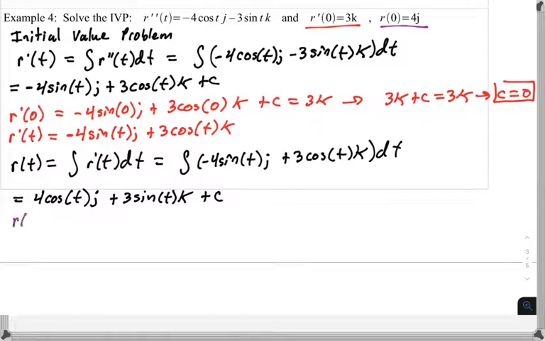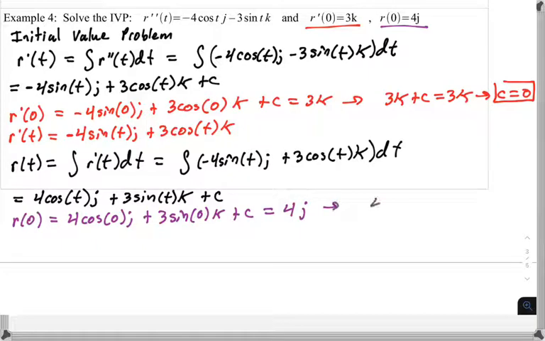And then we're going to use your initial position is 4j, so r of 0 is going to be 4 cosine of 0, and that's going to be your j component, plus 3 sine of 0, and that's going to be your k, plus c, and then this is going to be equal to 4j. So we're going to solve for the constant of integration. We're going to have 4j plus c, your constant of integration, is equal to 4j.